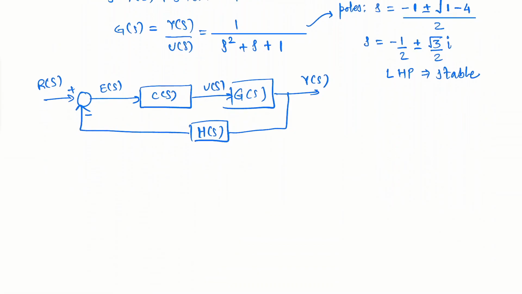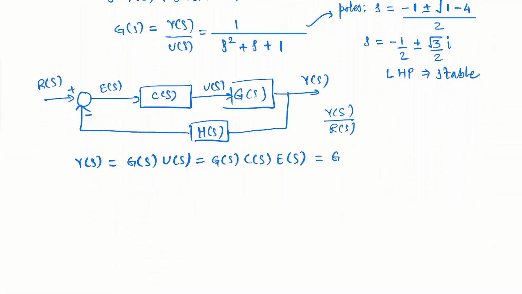Here we want to find Y of s over R of s. So let's quickly start substituting. Y of s equals G of s into U of s. And then U of s is C of s into E of s. Then E of s is R of s, and let's call this W of s as we did in the last session.